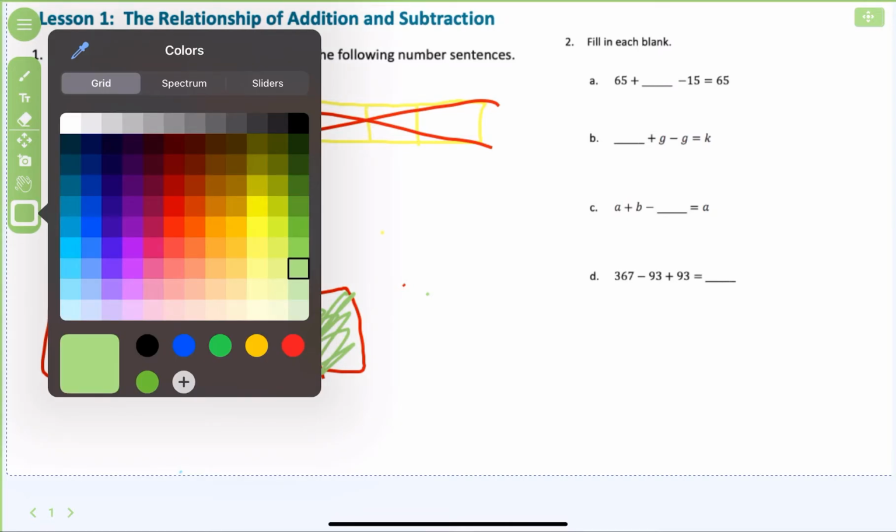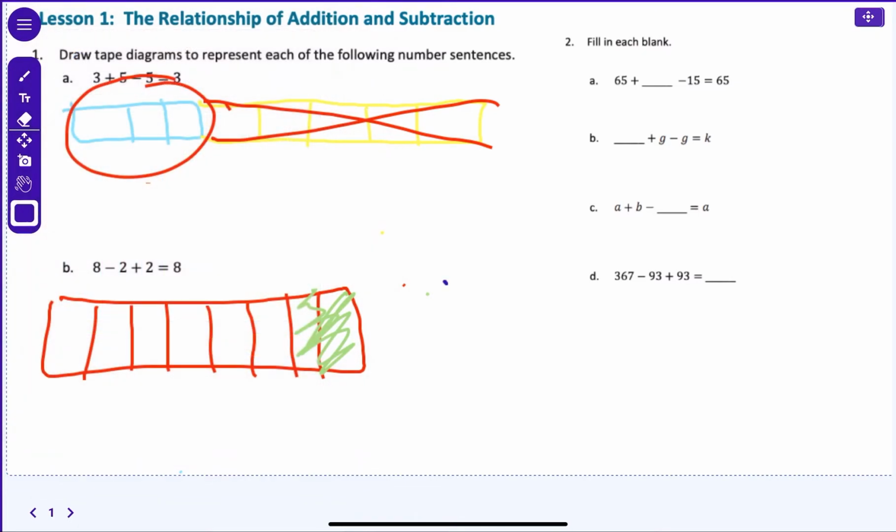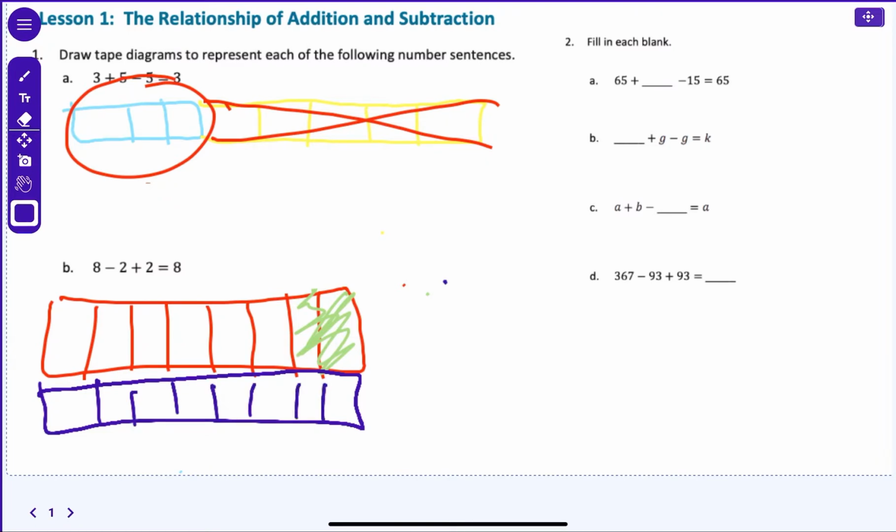So let's go with this color, and we will just do all of it again. And that equals 8. Okay? We just added 2 back to it. Super simple. So, number 2 says, fill in each blank.